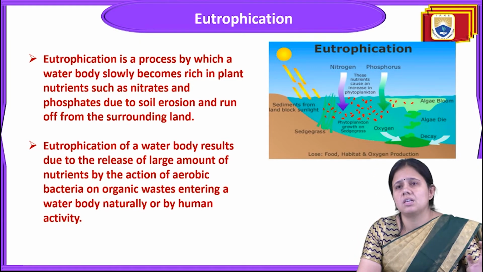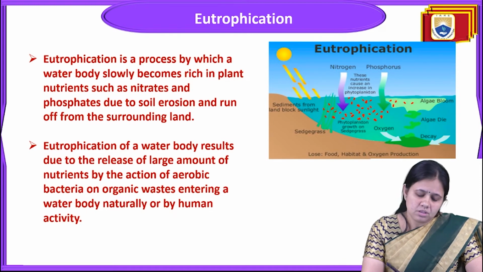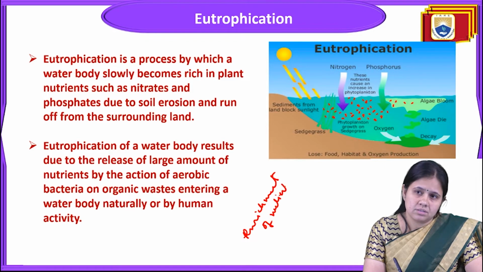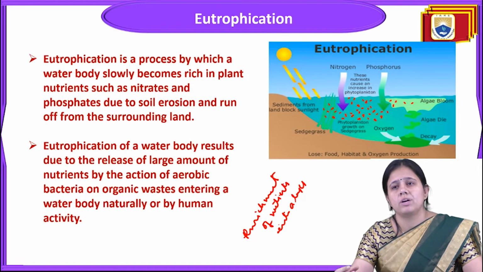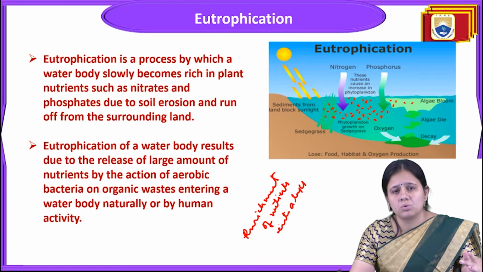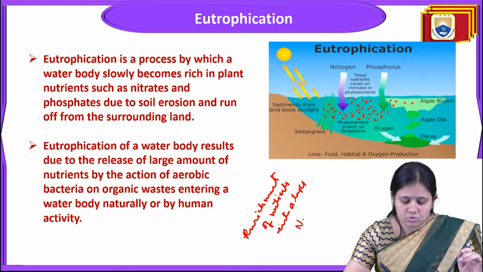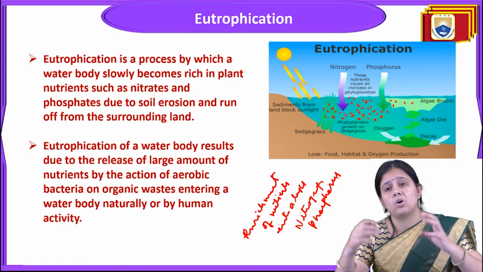Eutrophication is nothing but the enrichment of nutrients inside a lake. Due to surface runoff or soil erosion, two nutrients, nitrogen and phosphorus, enter a lake or water body.